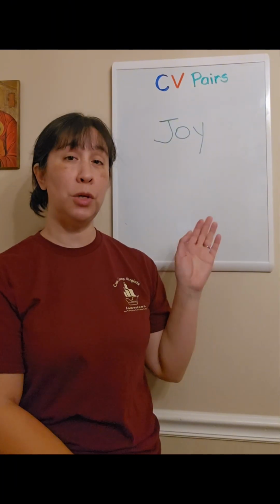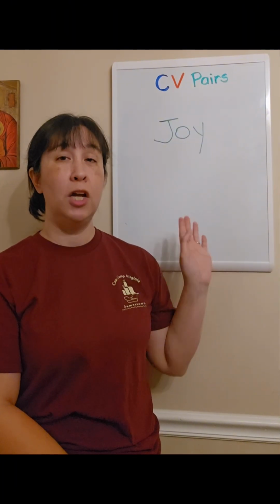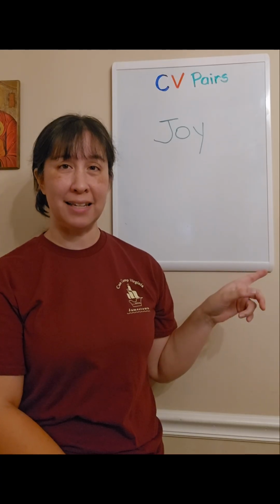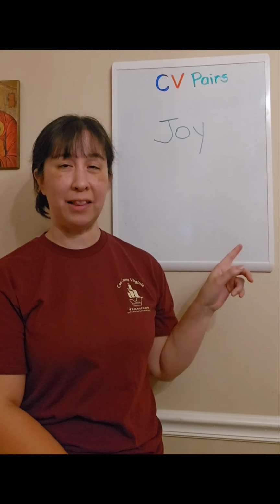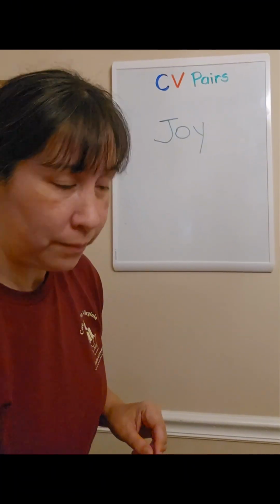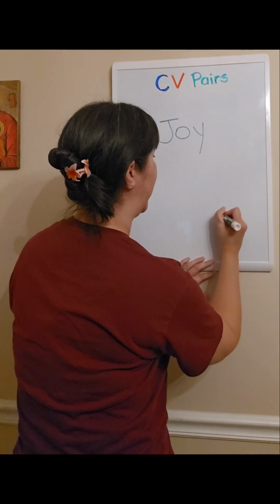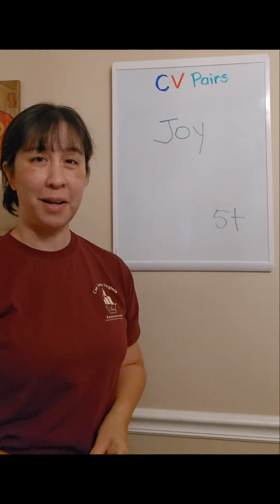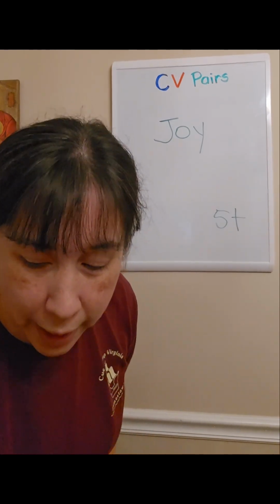So to cue the word joy, you have to remember that all diphthongs end in a 5 at the throat. So I'm going to write that down now, and we will get there when we get there. 5 at the throat. Okay, so joy.